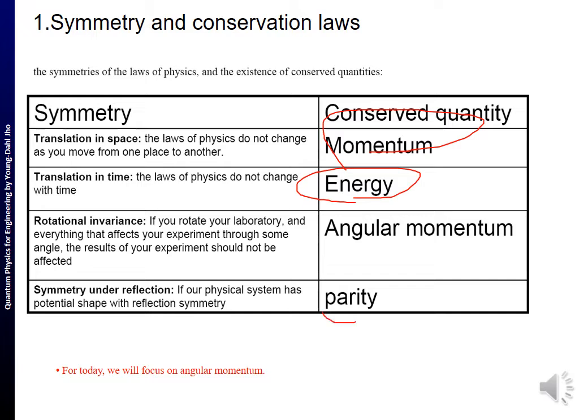And we know there is a parity, and it also should be conserved. Momentum is related with translation in space. Energy is related with translation in time. And parity is related with the symmetry of potential shape.